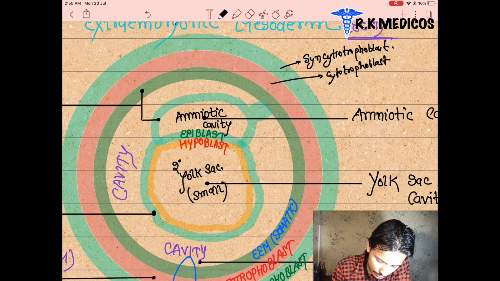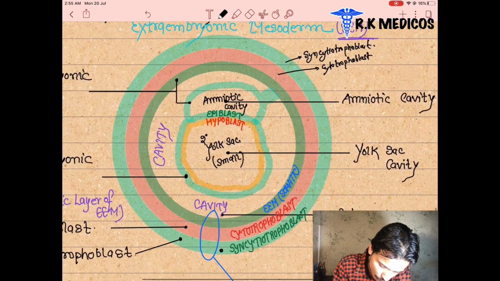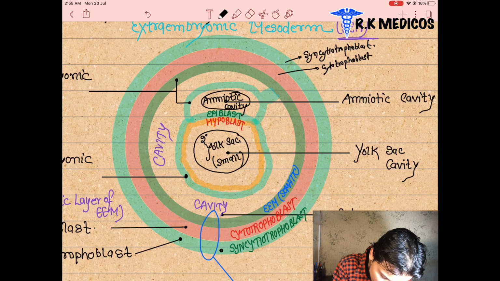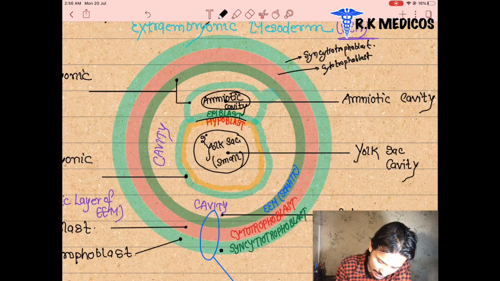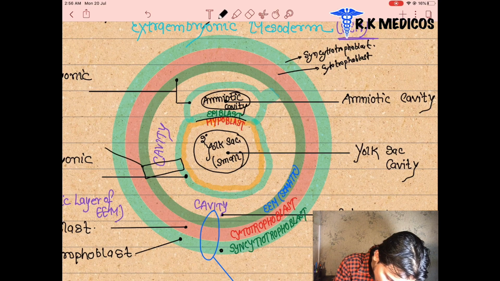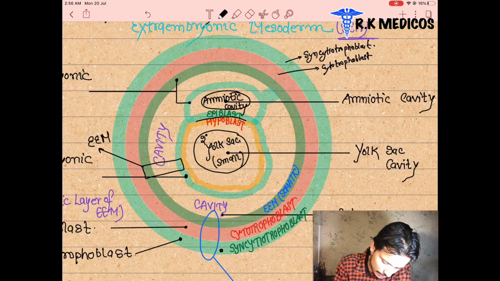Next, this cavity is the yolk sac and this cavity is the amniotic cavity, and just below it, epiblast and hypoblast. After that we can see this whole region. What is this whole region? Extra embryonic mesoderm. This whole region is extra embryonic mesoderm.